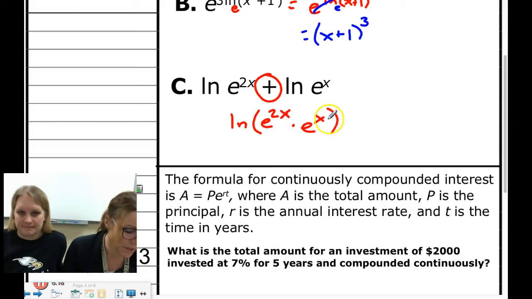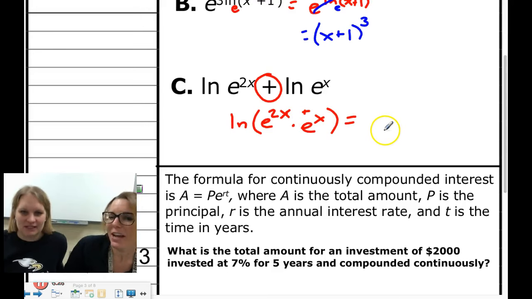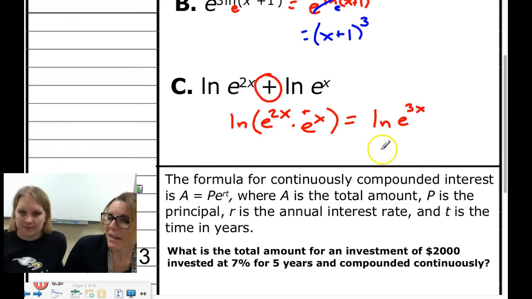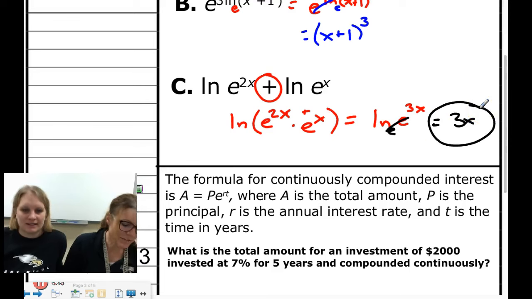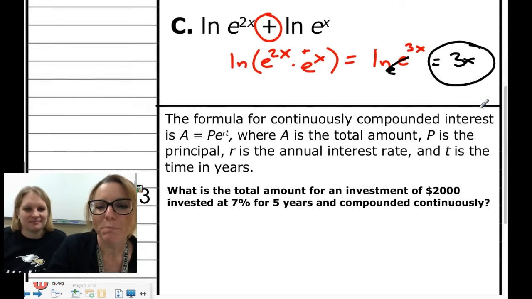So when you multiply those, you're going to... it's actually, oh, we're adding exponents, remember? Remember, there are so many rules. When you multiply bases that are the same, you add your exponents. So natural log of e to the 3x. And then now look, your base of your natural log is e, the two e's cancel, and your answer is 3x. Lots involved there. Okay, let's move on to our PERT problem.